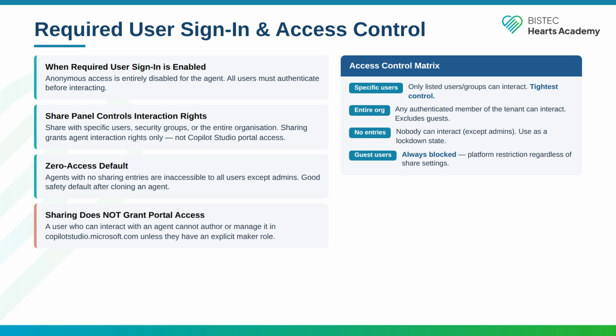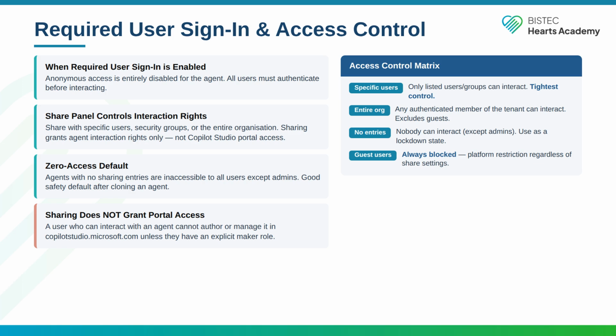Sharing with the entire organization means any authenticated member of the tenant can interact, appropriate for all employee agents like HR help desks or IT support agents. Having no sharing entries means nobody can interact with the agent except admins, the correct state for an agent under development or recently cloned. A distinction that matters.